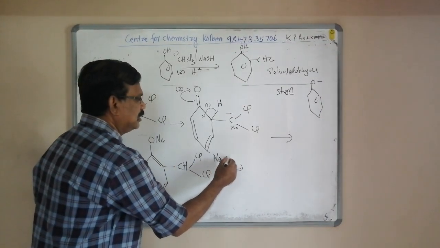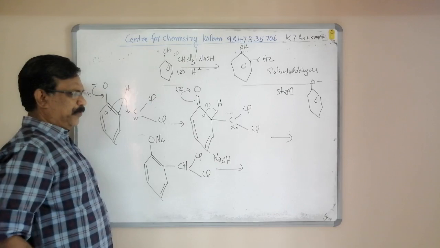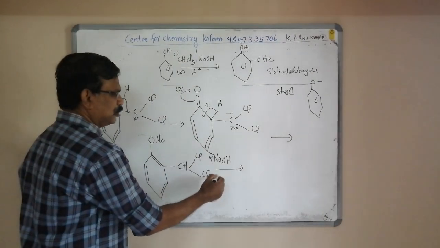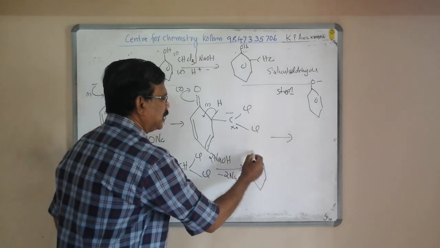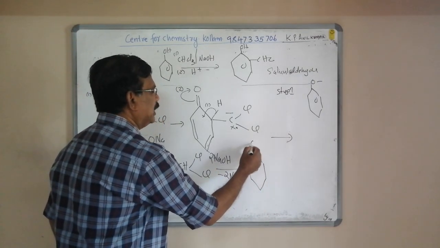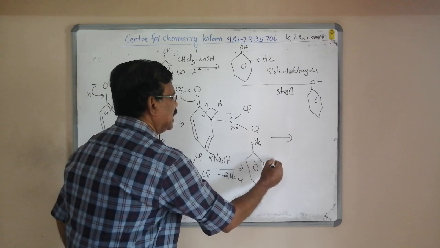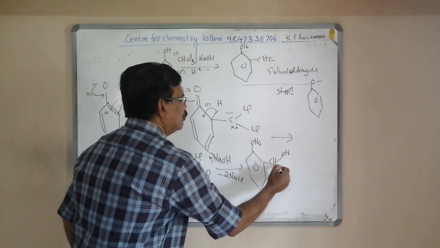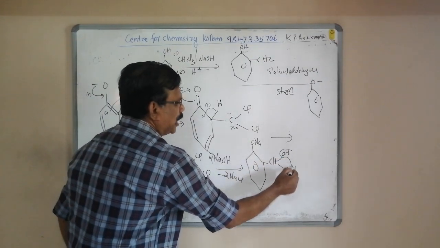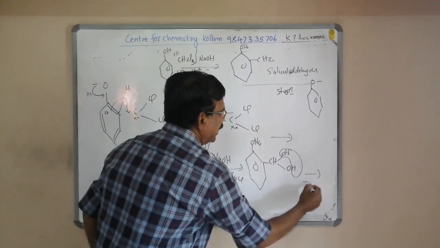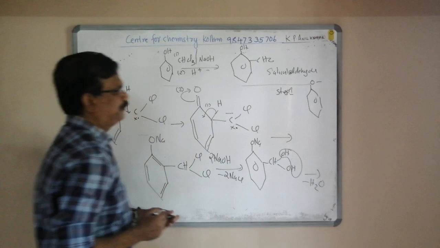Again NaOH: the 2 chlorine atoms are replaced by 2 OH groups. So minus 2 NaCl, and finally the product is ONa with CH(OH)2. Due to steric factors, carbon is unable to accommodate 2 OH groups, so dehydration occurs, minus H2O.